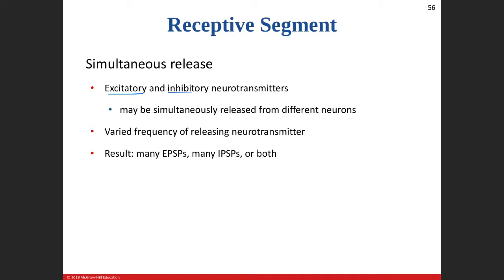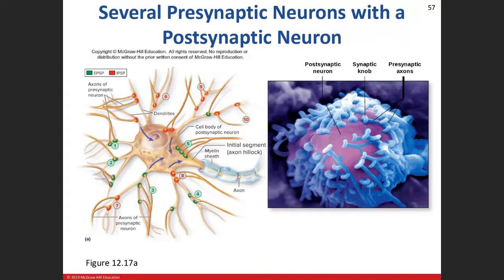So if the EPSPs outweigh or outnumber the IPSPs and they get to the threshold of negative 55, then we'll get an action potential. But if the EPSPs are outnumbered by the IPSPs, then we're not going to get an action potential. It will essentially have inhibited that neuron. That's what we're seeing in this picture.